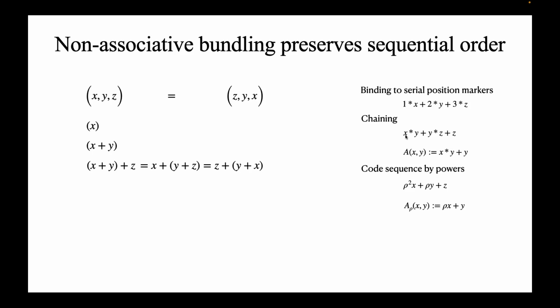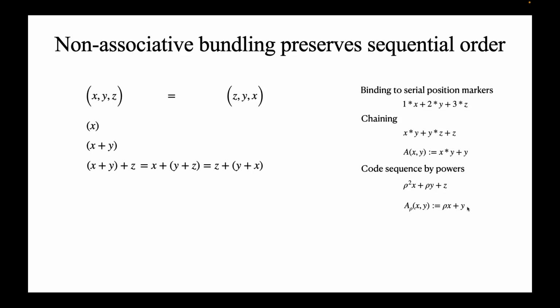You can code the sequence by powers of random permutations like this. So this is the most recent one. This is the one before. This is in the beginning, and this simply codes for that. But if you think about what this kind of operation is, this is rho times x plus y.